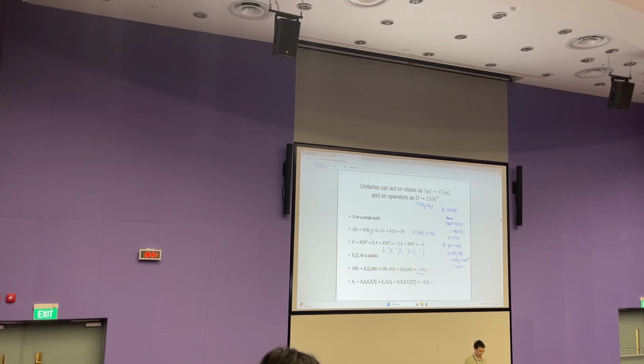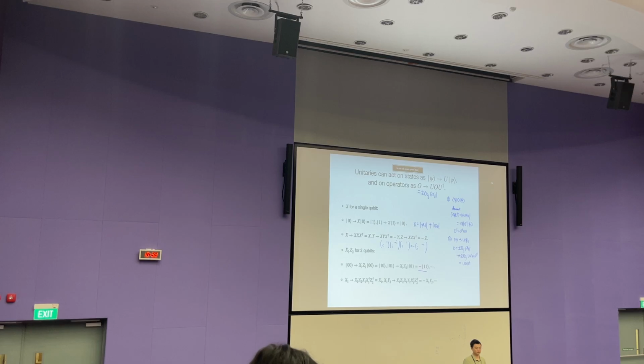Maybe one lesson we want to extract here is if we have two strings of Pauli operators, then they either commute or anti-commute. This is something that's good to keep in mind. It will simplify a lot of calculations. Further question here?